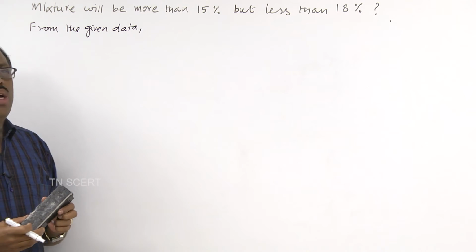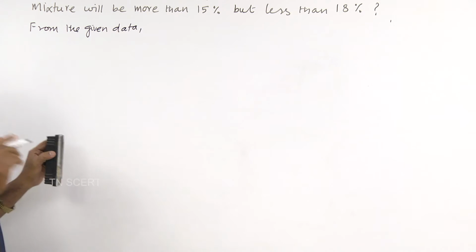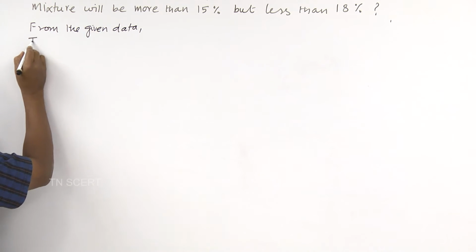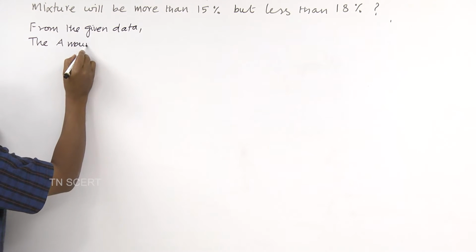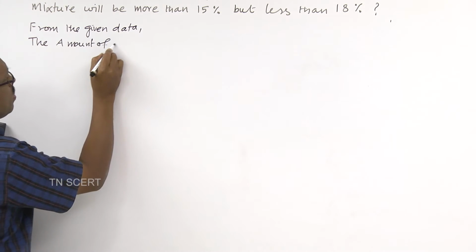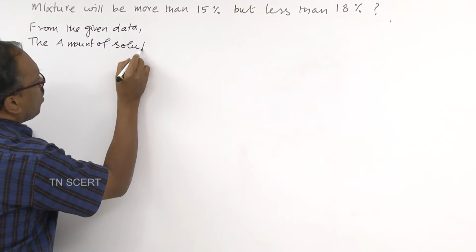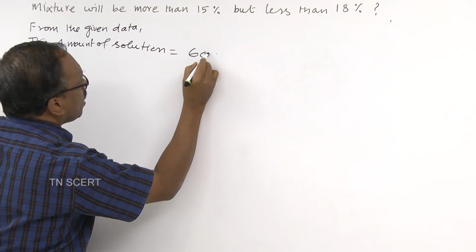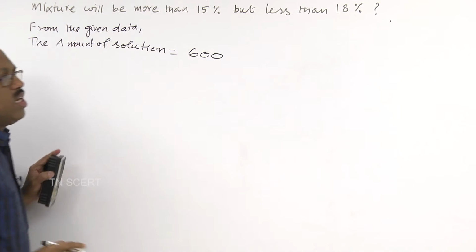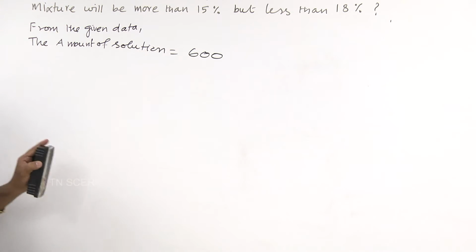What are the points you have to think about? The amount of solution. First part, the amount of solution, which is nothing but 600. Remember that it is 600.